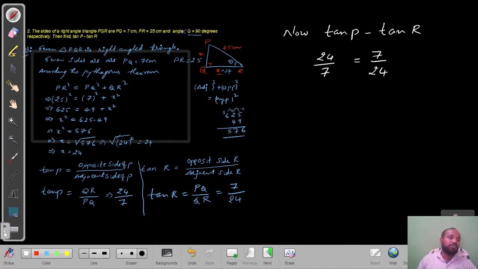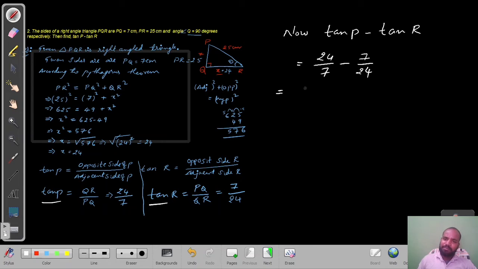So now we should do subtraction here, with the minus symbol, between the values we got for tan P and tan R. It is very simple.